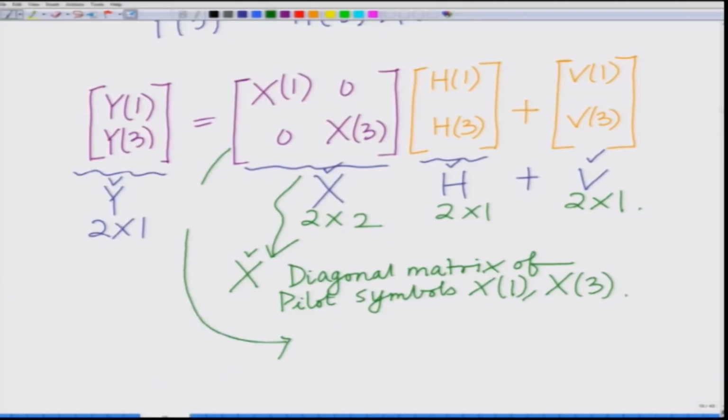So, it is a diagonal matrix, and in fact, this is also the pilot matrix for this comb type pilot based OFDM channel estimation scheme. So, this is our 2 cross 2 pilot matrix.